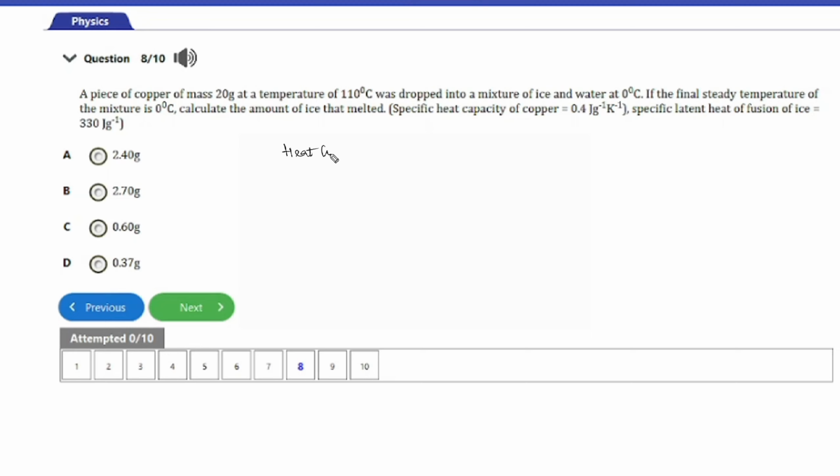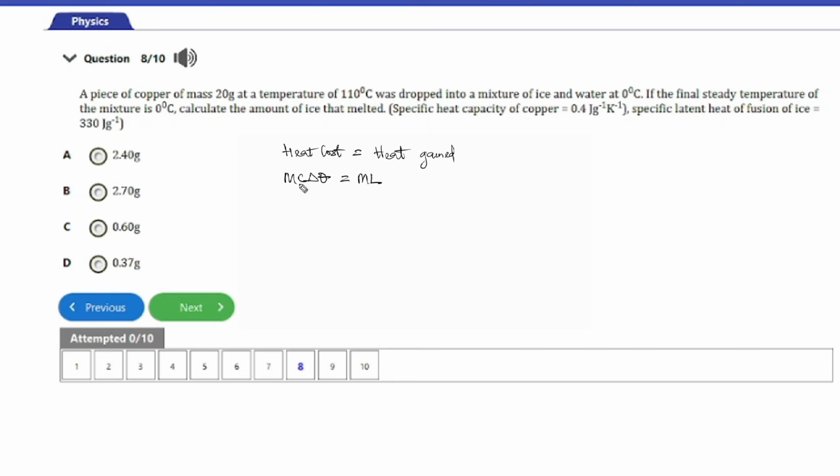So guys, in order for us to solve this, we are going to have that the heat lost by the copper is equal to the heat gained by the ice. So if we have this, it means that MC delta theta for the copper will be equal to M into the latent heat of fusion of ice.